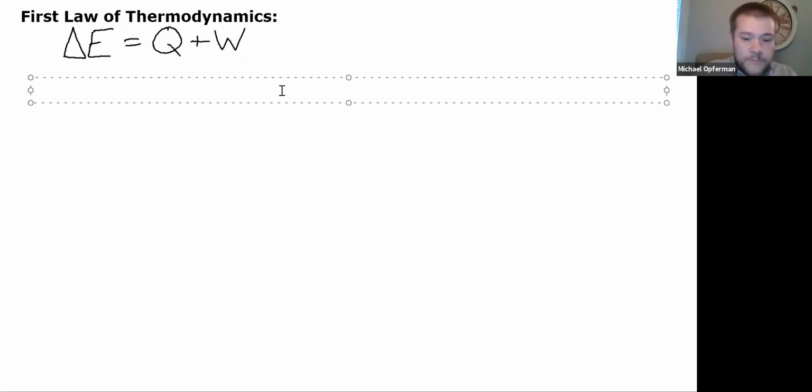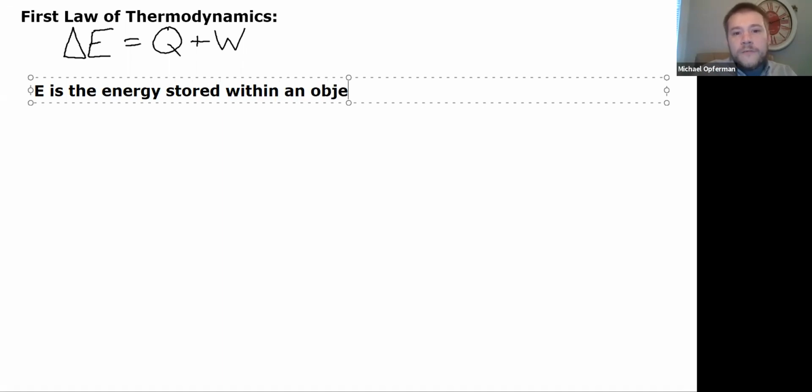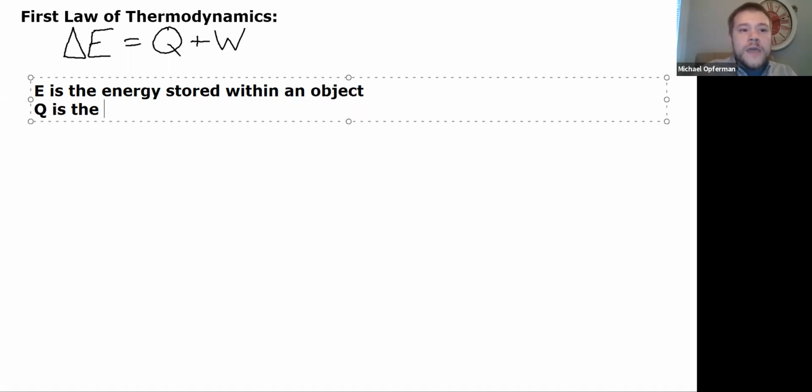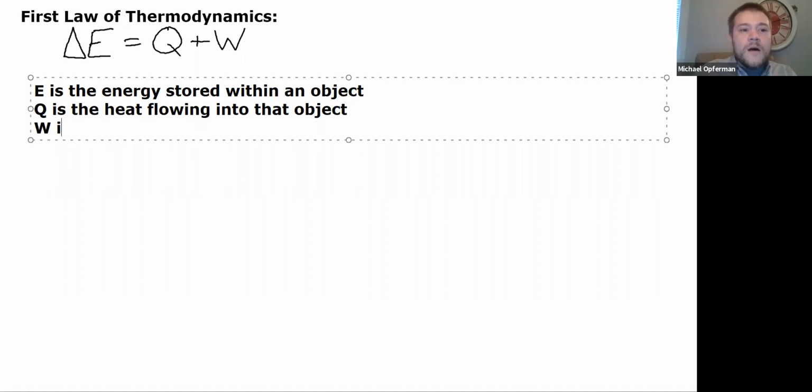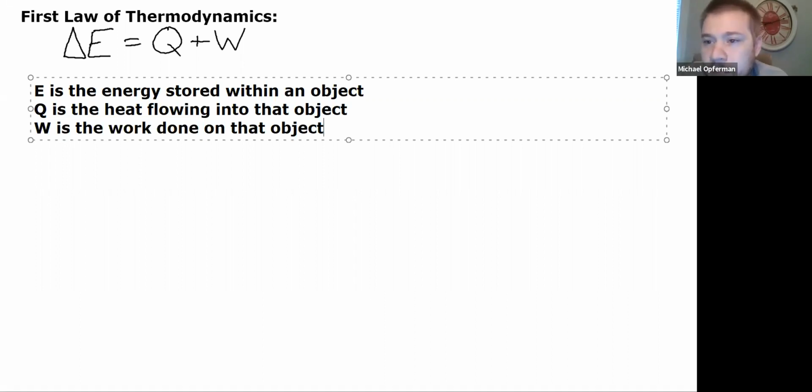So E is the energy stored within an object. Q is the heat flowing into that object. And W is the work done on that object, because remember, work done on an object is the energy that's flowing into the object.